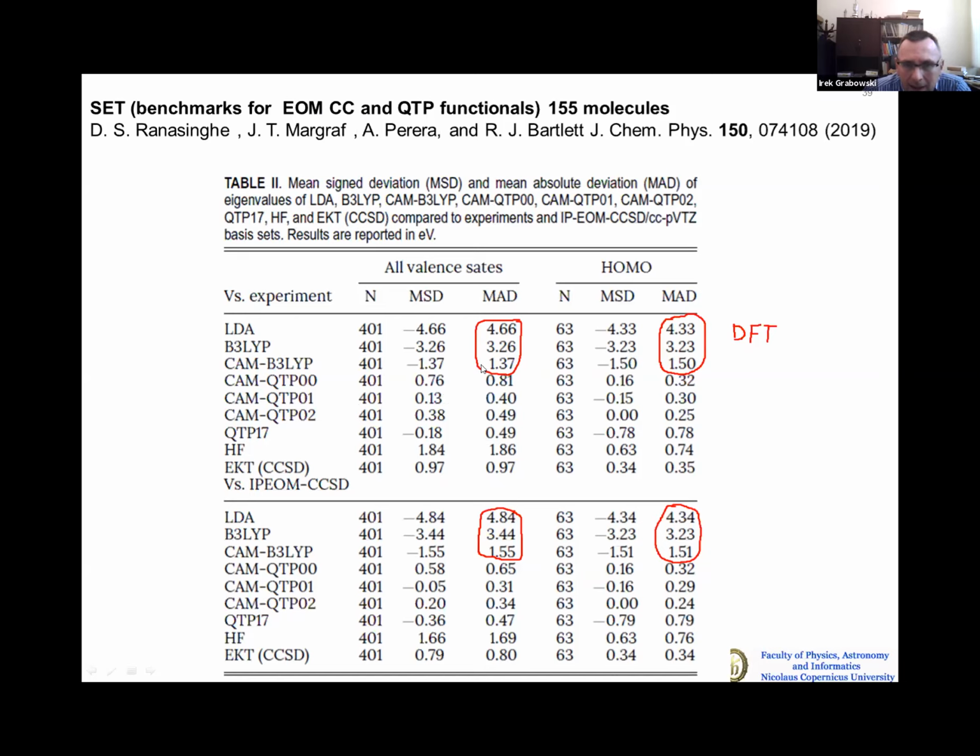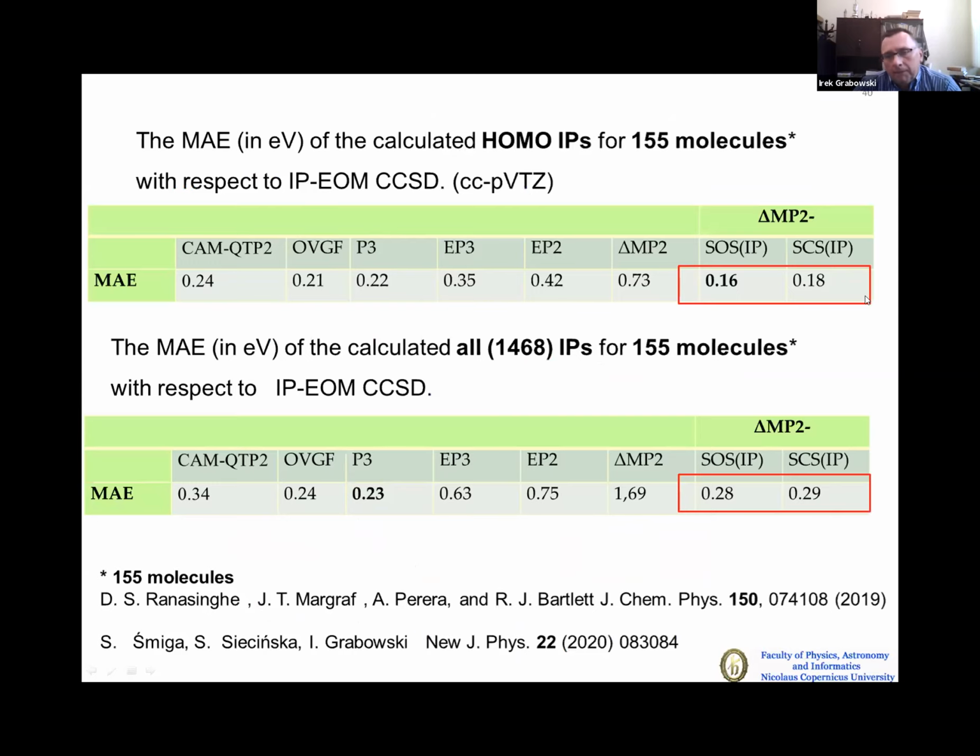So as you can see, for standard DFT the error is more than 1 electronvolt, sometimes 3 or 5 electronvolts. And Bartlett's functionals look very nice, and we check how our simple method, the parametrization, works for these systems.